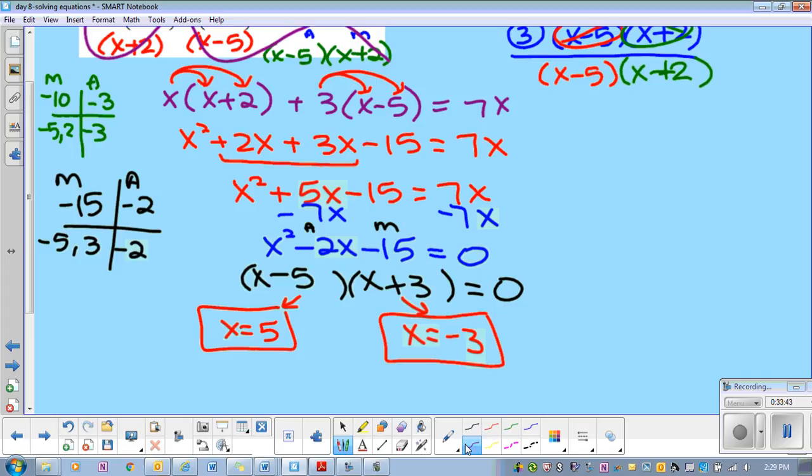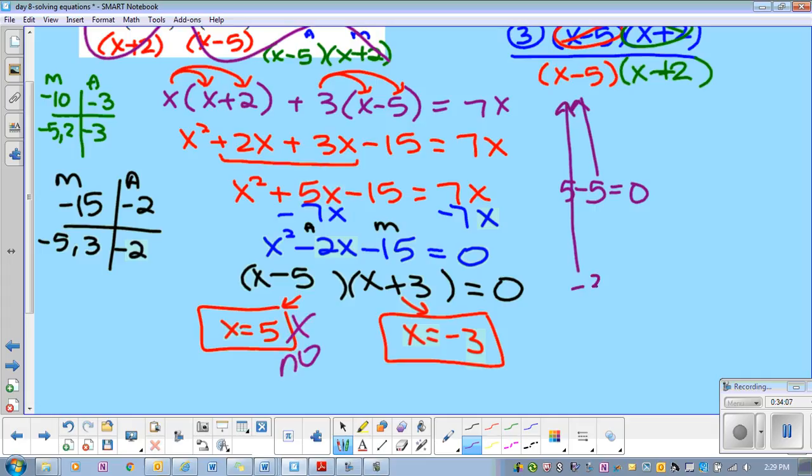So let me see what happens when I plug it in. I'm going to plug in 5. If I plug it into that one, 5 minus 5, what do I get? 0. Oh my goodness, one of these already equals 0. So is x equals 5 a solution? No. How about if I plug in negative 3?